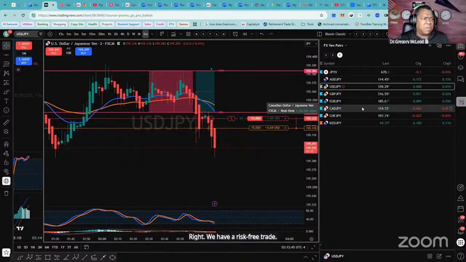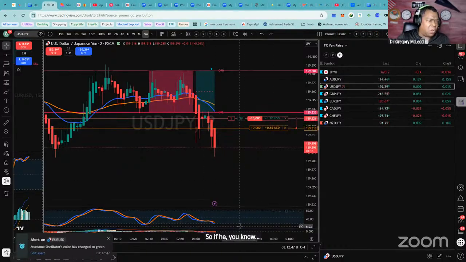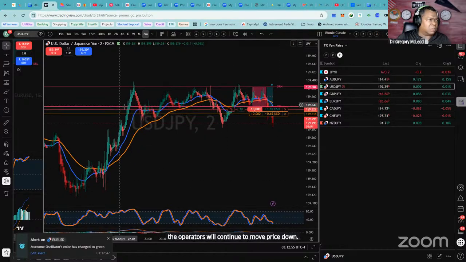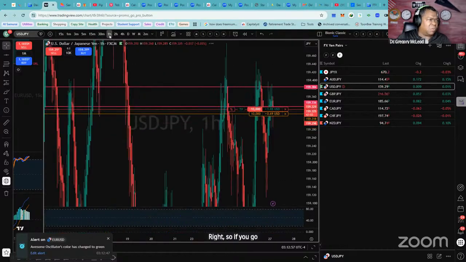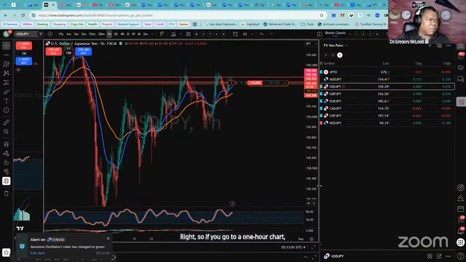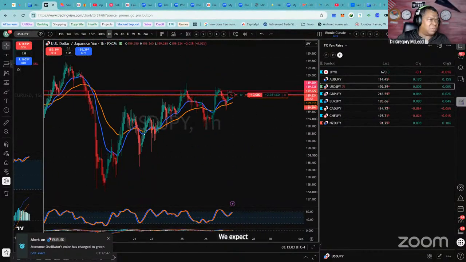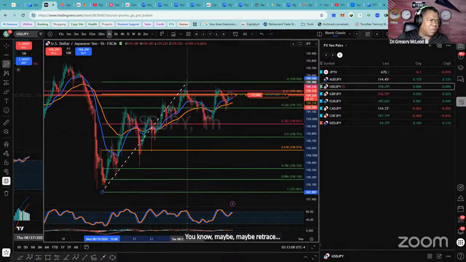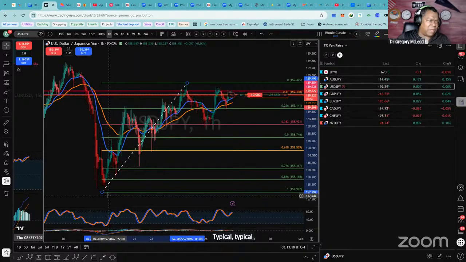The whole premise is that once price breaks from this area, the operators will continue to move price down, right? So if you go to a 1-hour chart, we would expect price to maybe retrace. Typical retracement target was a 38% retracement.